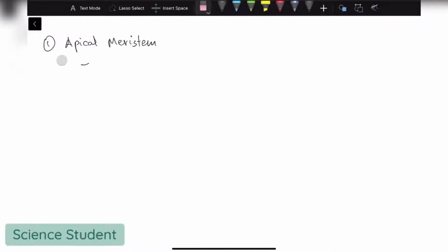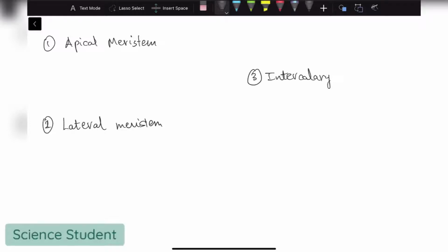Just a minute, I'll leave some space so that I can write everything. Okay, so three types of meristematic: apical, lateral, and intercalary.